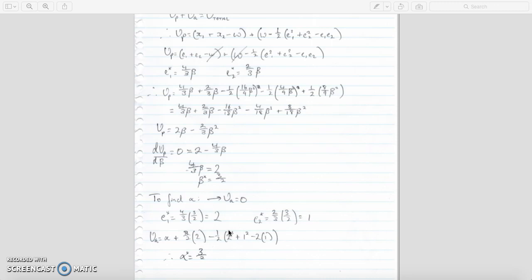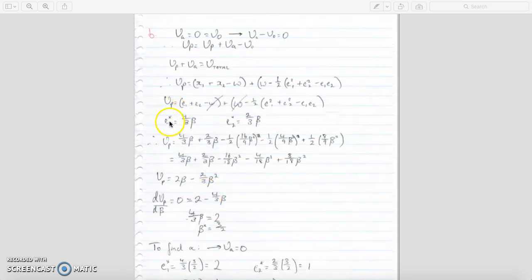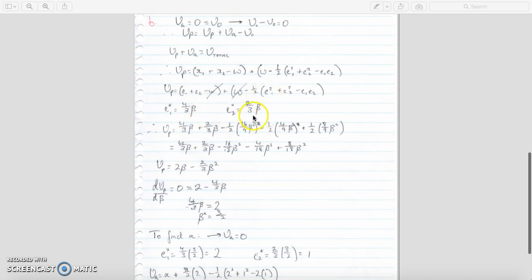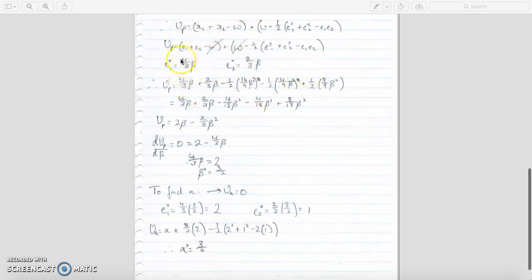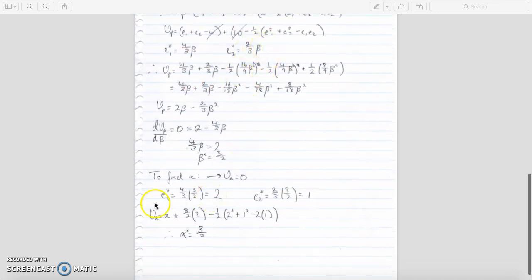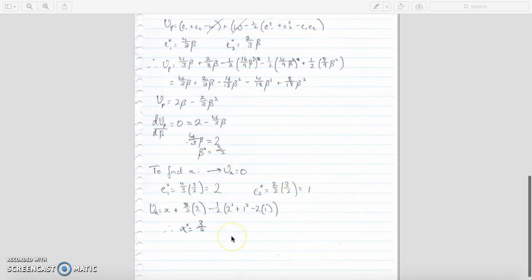So just going back here, we know that e1 star equals 4 over 3b and e2 star equals 2 over 3b. Now that we know the optimal value of beta, we can substitute it into these equations here, which gives us e1 star equals 2 and e2 star equals 1.